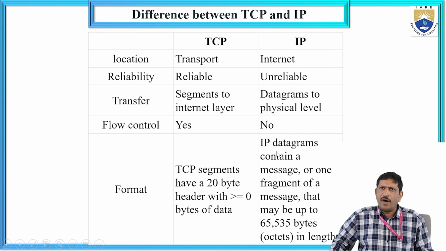IP datagrams contain a message or one fragment of the message that may be up to 65,535 bytes in length.